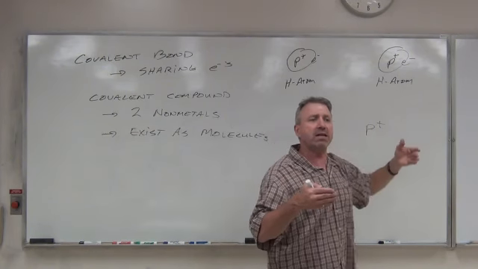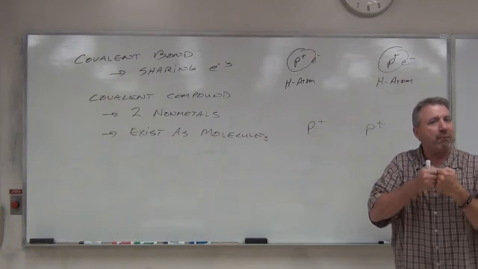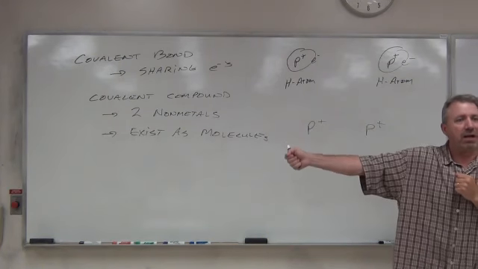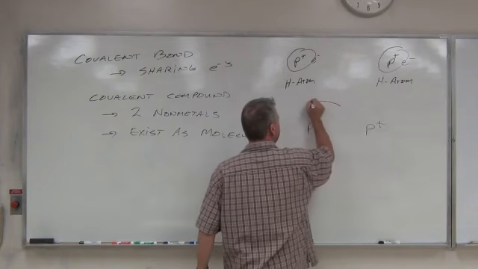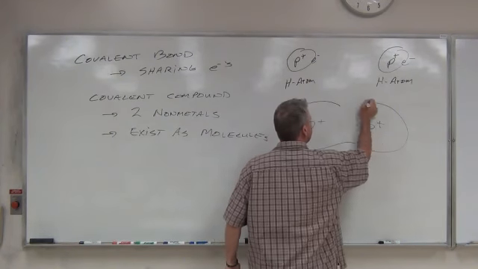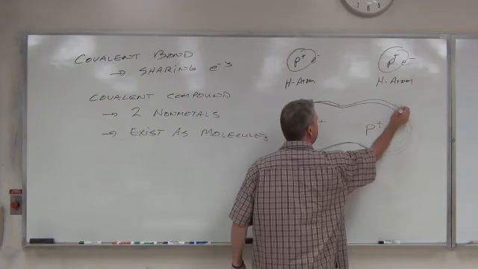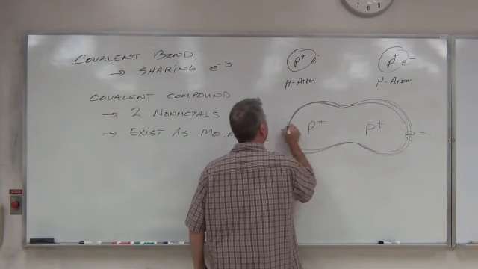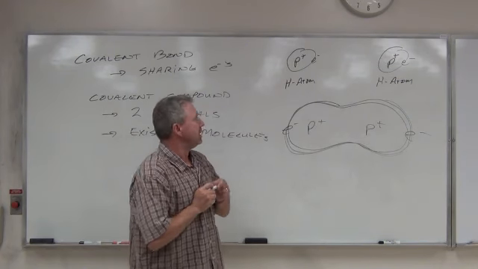Because their electronegativities are identical, they don't have enough electron pulling power to rip the electron off the other atom. As a result, the electrons begin to rotate or orbit around both nuclei. And that's what creates the bond.